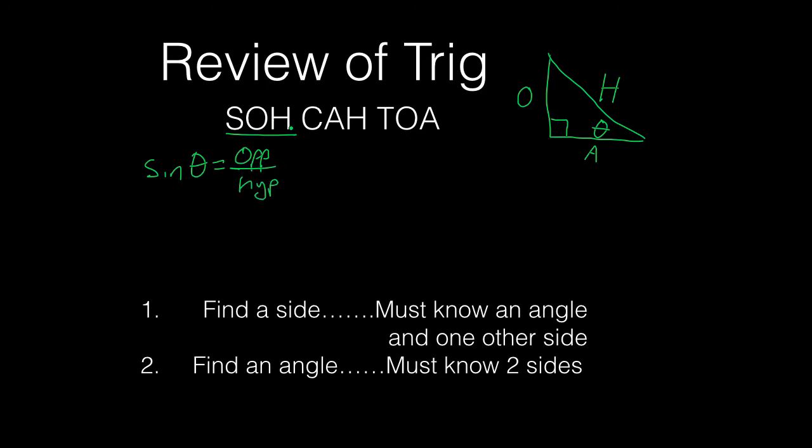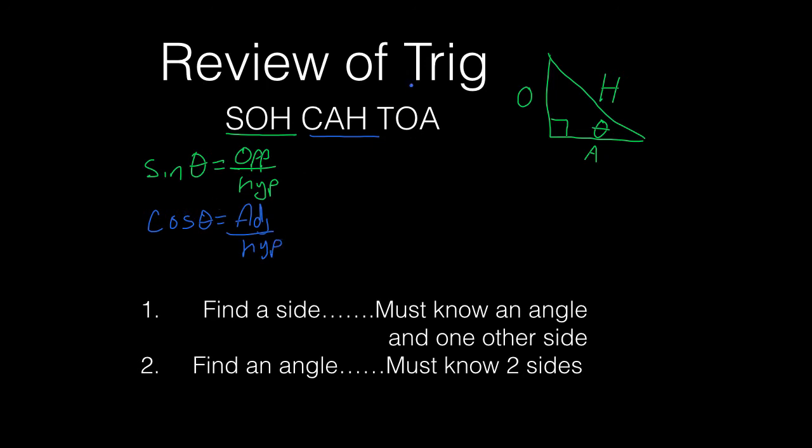Let me switch colors here. Cosine is what the C stands for here. So cosine of theta is equal to the adjacent side divided by the hypotenuse.